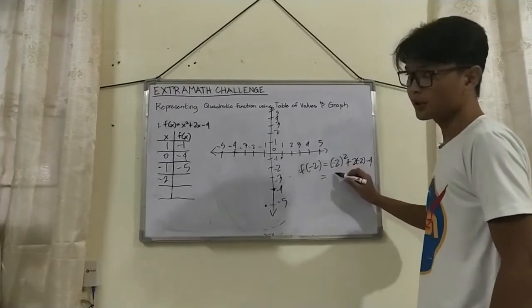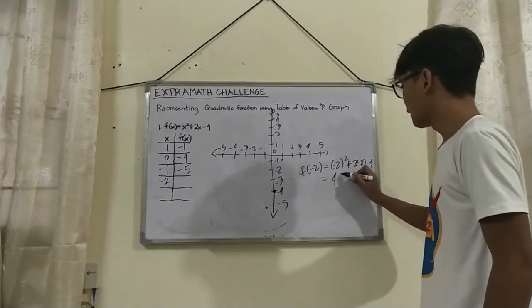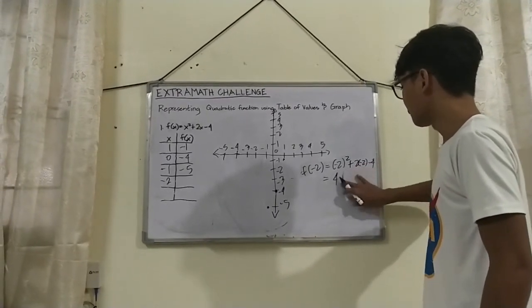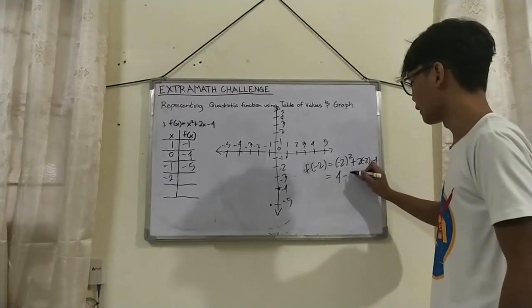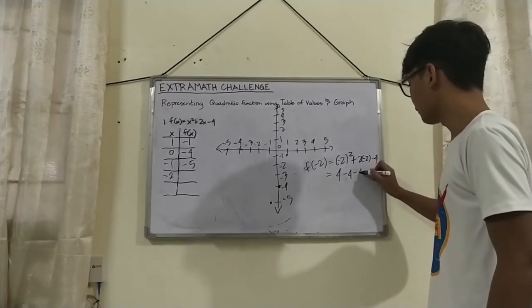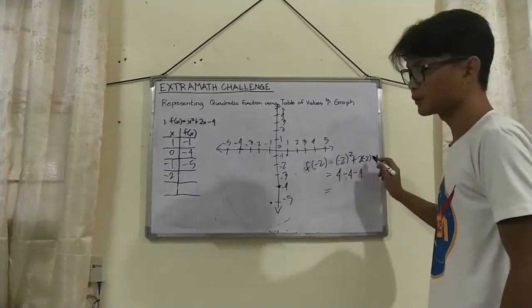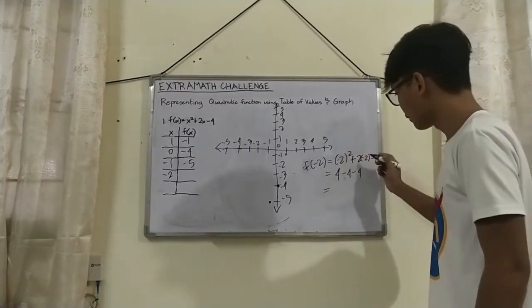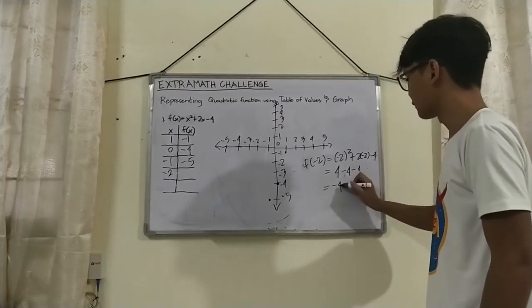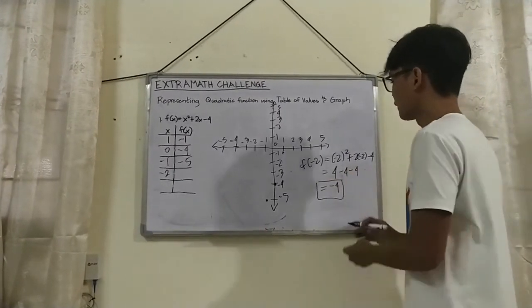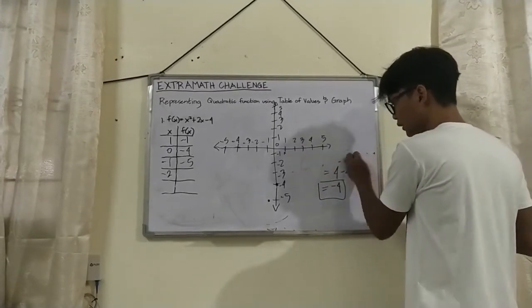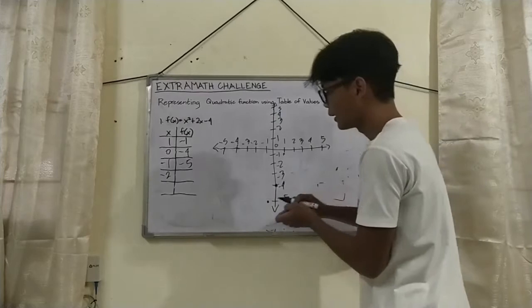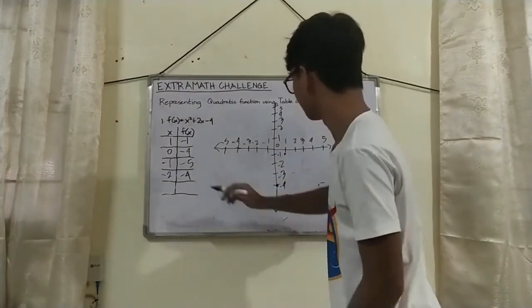Negative 2 squared is equal to 4, and 2 times negative 2 is negative 4, so we have 4 minus 4, which is 0, minus 4, and we have negative 4. We now have a new coordinate of negative 2 and negative 4.